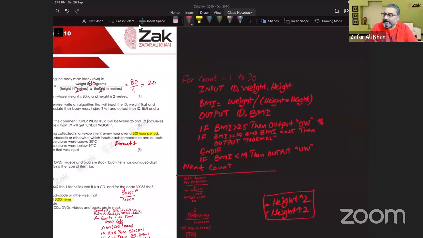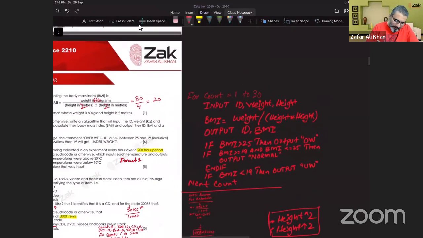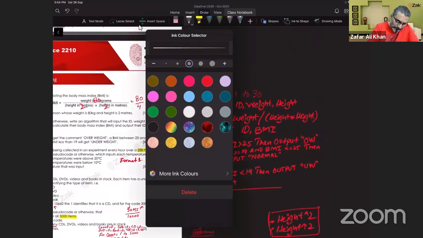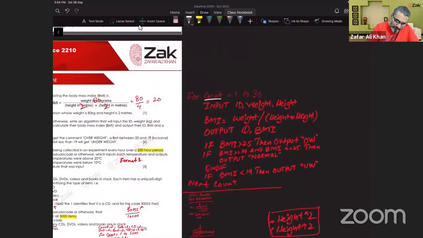You can see over here, if this is true, then output overweight. You can see over here, if it is true, then output normal. You can see over here, if this is less than 19, and at any given time, out of these three, only one will be true, rest two will be false. Now, variables count, ID, weight, height, BMI, and that's it.